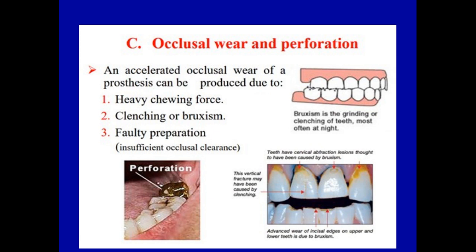Faulty preparation means insufficient occlusal clearance, which means insufficient thickness of the restorations, either metal or metal ceramic, and this will result in the long term in occlusal wear and perforation.